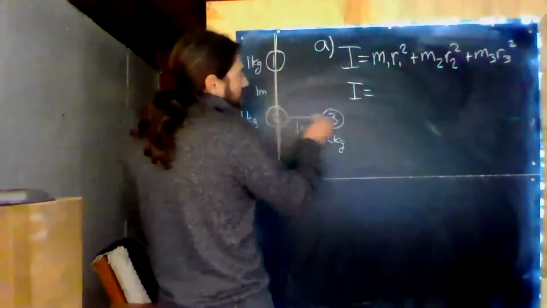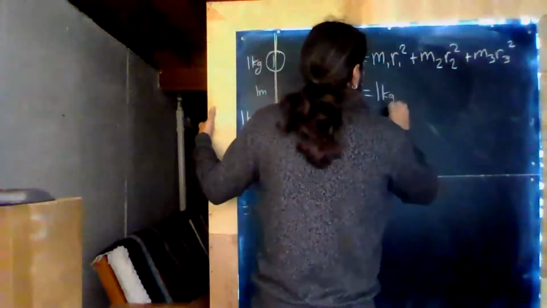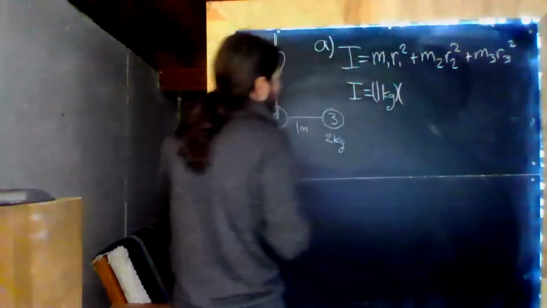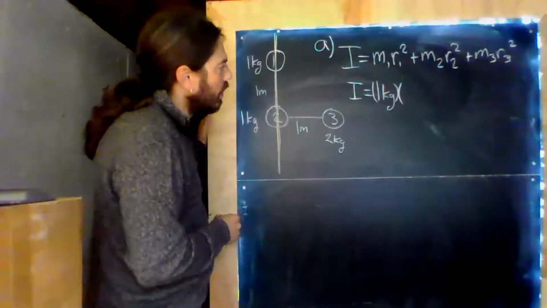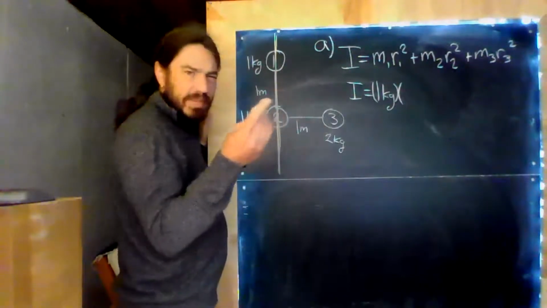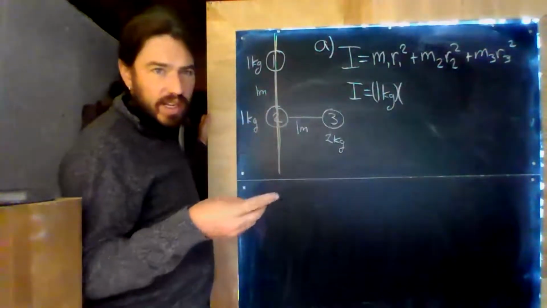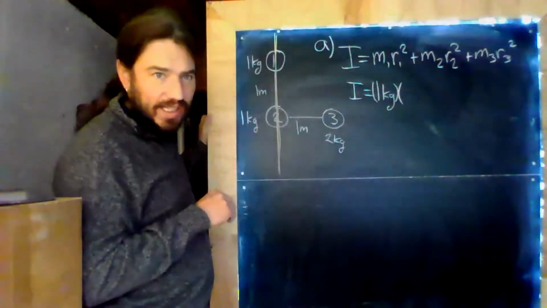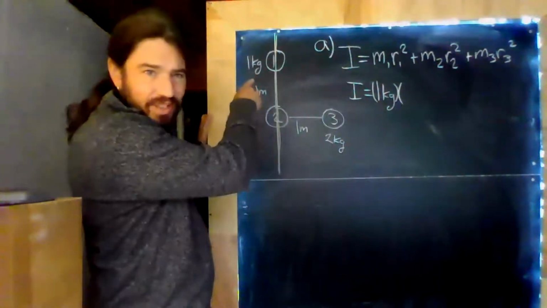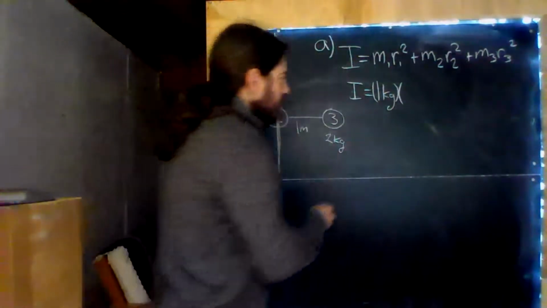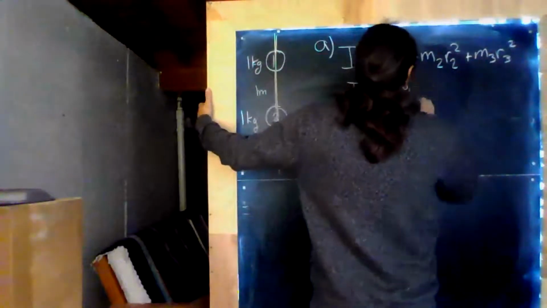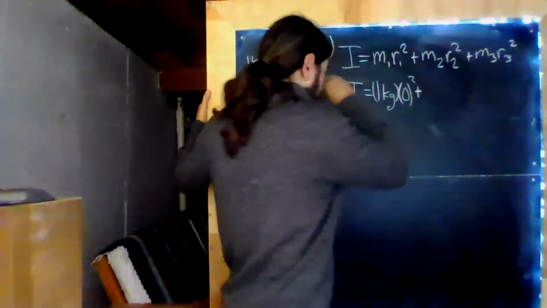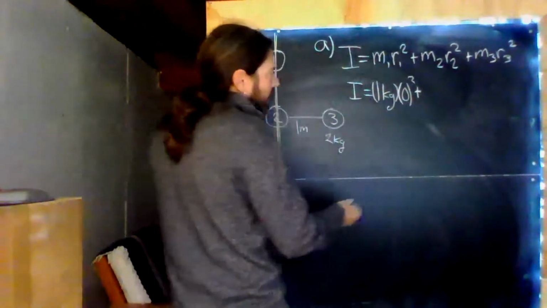Well, M1 is 1 kilogram times R squared. What does R mean in this context? It means how far is the object from the rotational axis? In this case, the object is right on the rotational axis, so R is just 0. M2, 1 kilogram.